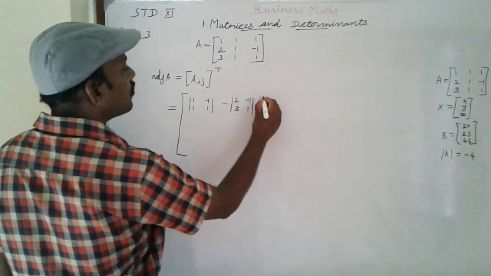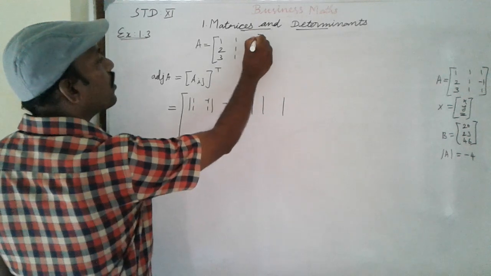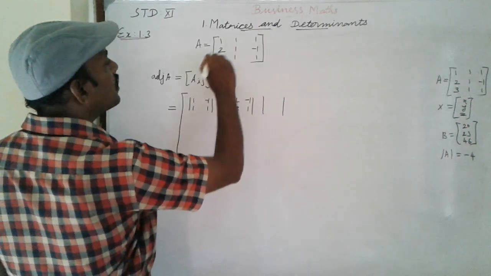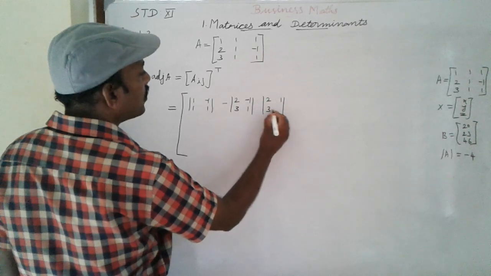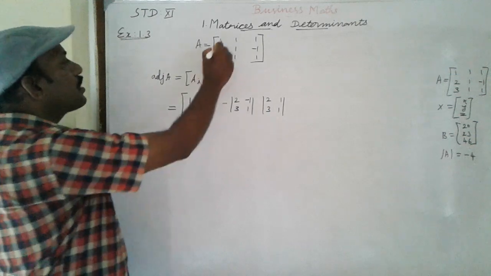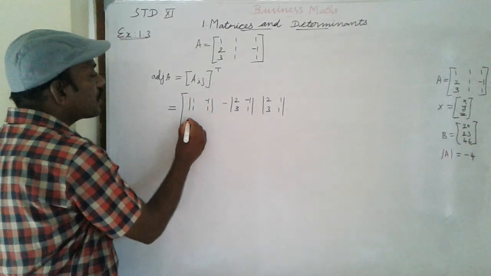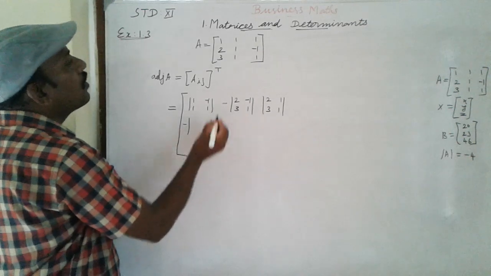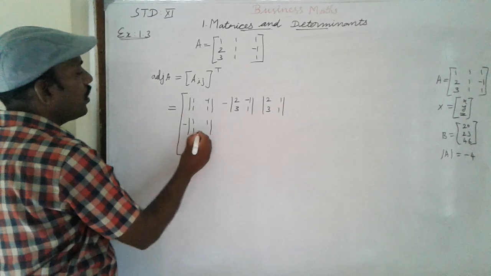Next is plus, the cofactor of 1: eliminate its row and column, leaving 2, 1, 3, 1. Next is the cofactor of 2, with the sign minus, leaving 1, 1, 1, 1.